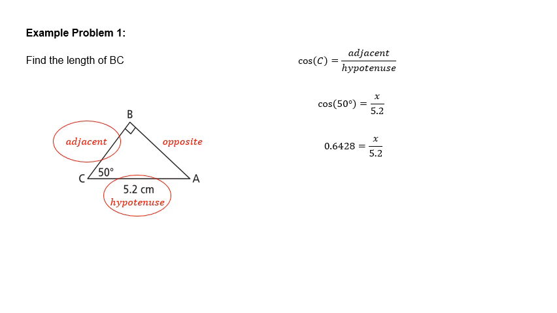To get x by itself, we multiply both sides by 5.2. So 5.2 times 0.6428 is 3.34, and that would be the side length of the adjacent side. The math itself is the same as when we dealt with tangent, just a little bit different because we have to determine which ratio we want to use.